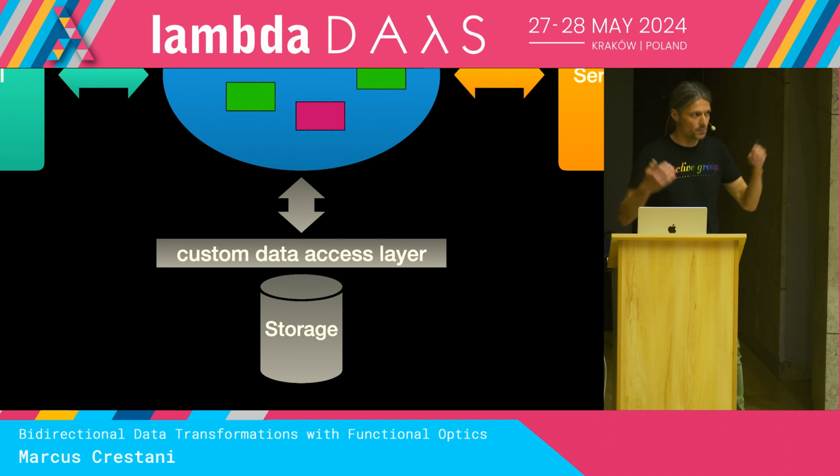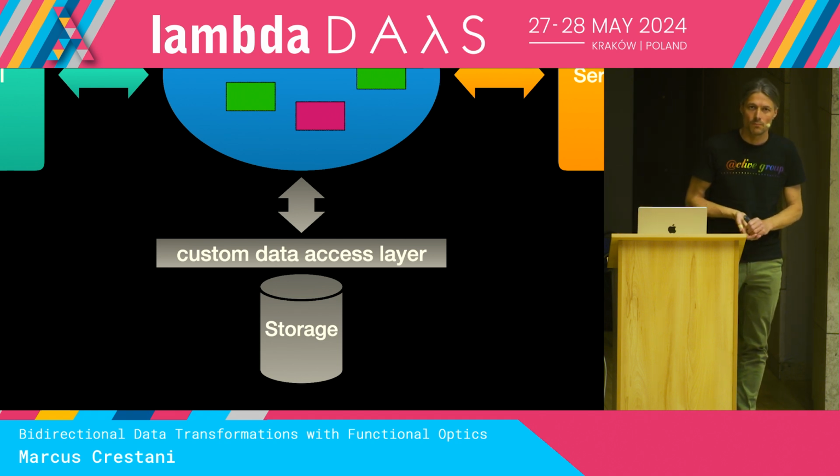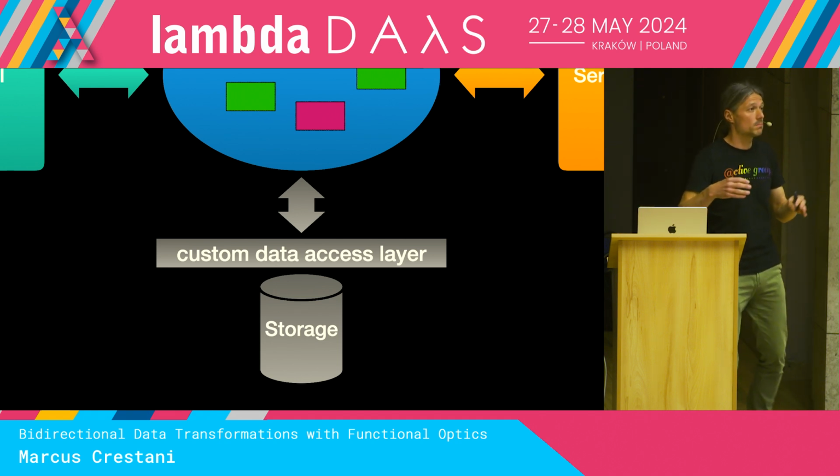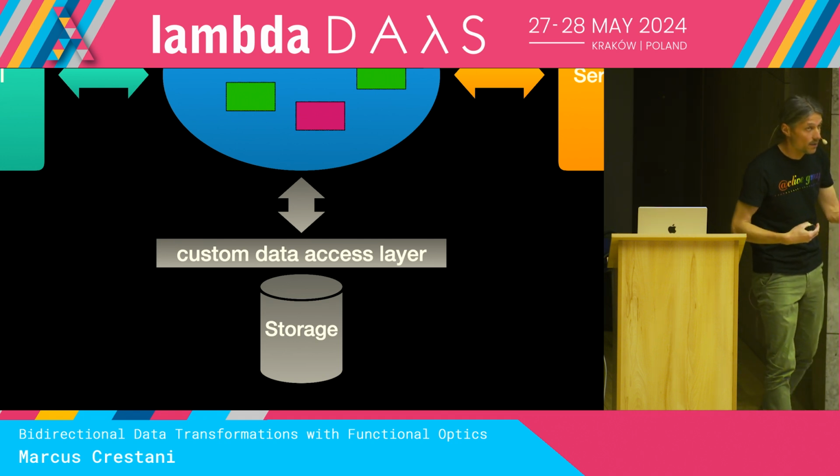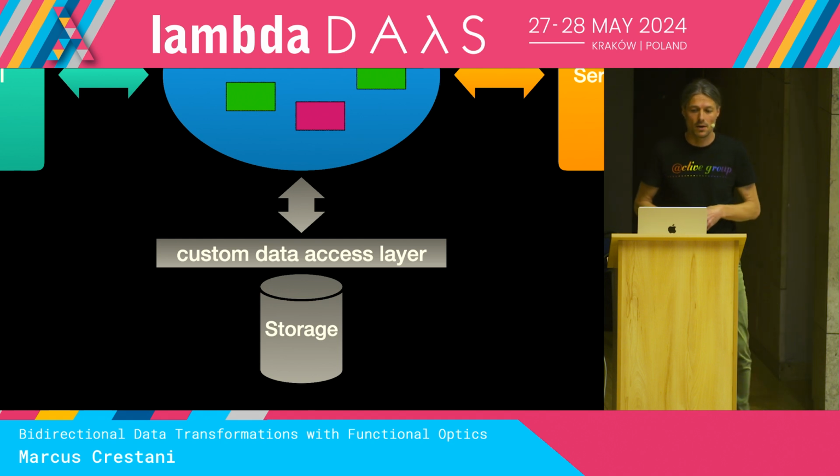Otherwise, you would just produce another ORM. So for us, it means that we do not get gifted this arrow. We have to take care of this double-headed arrow between the domain objects and the storage system ourselves.